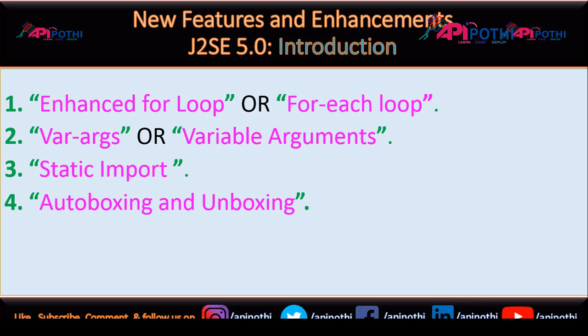In that enhancement, the main focus is that the first argument will always be constant. Suppose in add you are passing two arguments a and b, and in the second add method you are passing three arguments a, b, c.